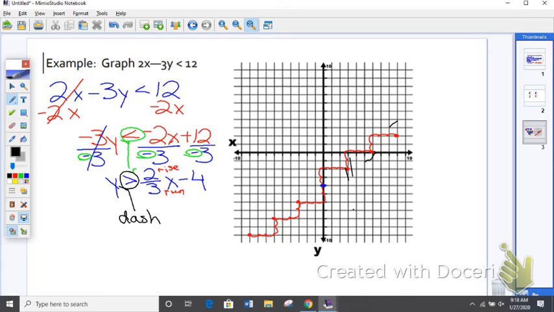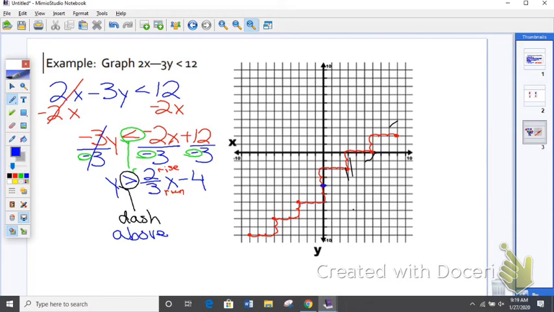And then I need to do my shading. So again, looking at my inequality, am I going to shade above or below? Greater than? Above or below? Above. Okay, because the y is there, I want my y's to be greater.